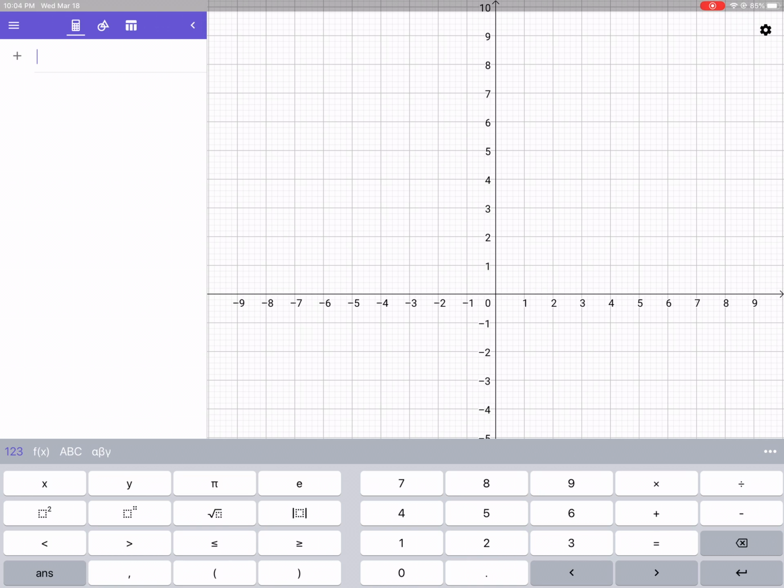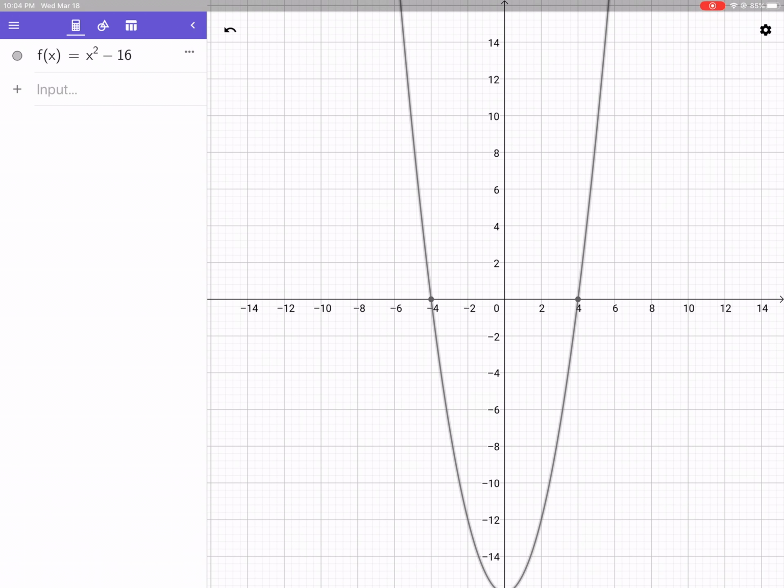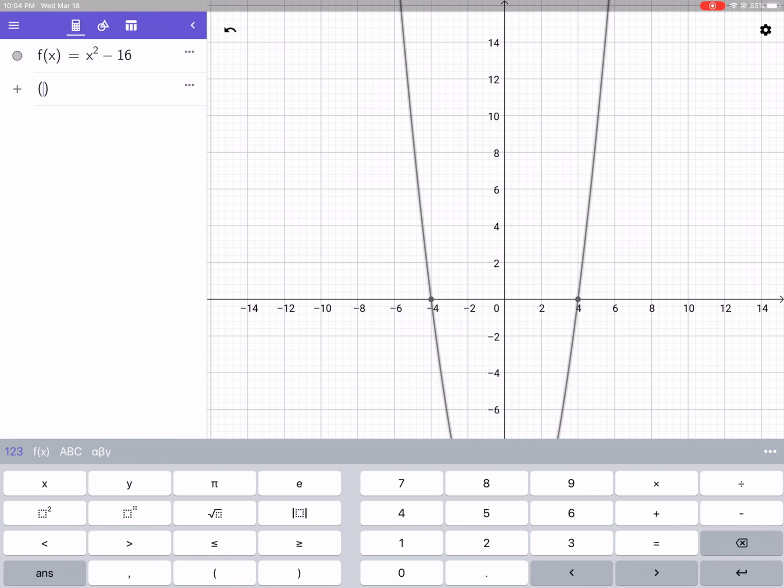Okay. I'll first graph x squared minus 16. Do you guys see the graph of x squared minus 16? Now my answer was x plus 4 times x minus 4. When I graph that expression, the graph goes right on top of it.